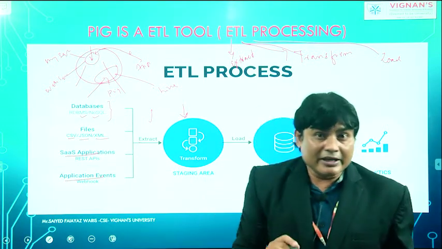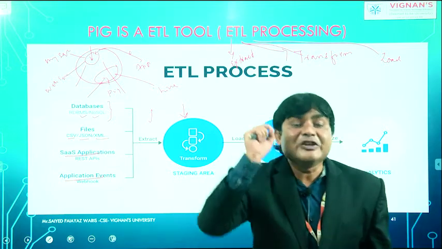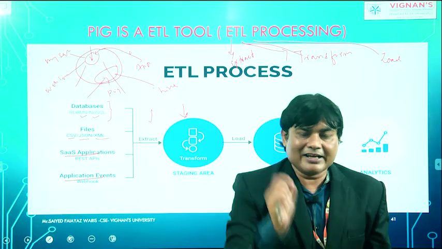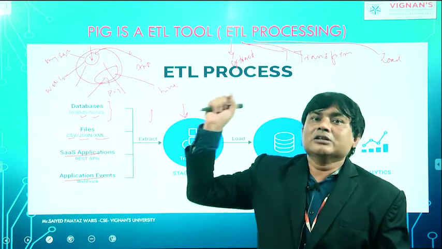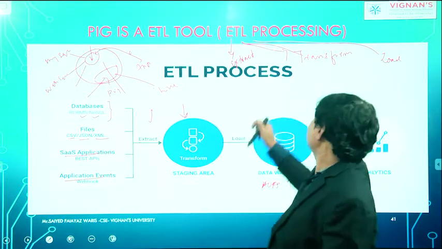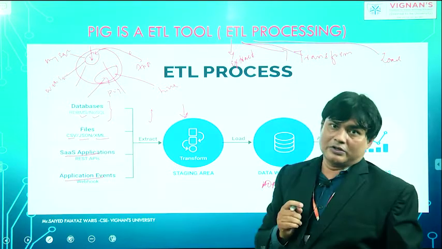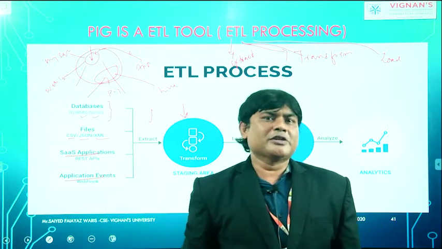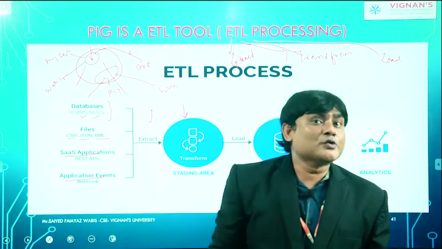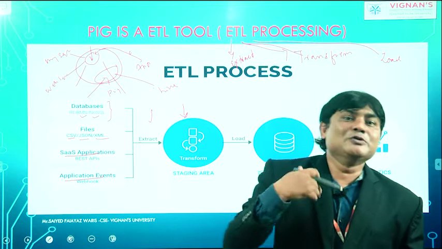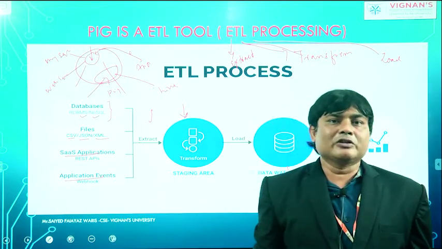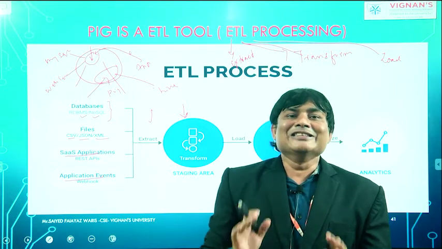So that's why Pig is very famous for the ETL process, which is extract, transform and load. Many people say Pig is very famous for ETL processing and also batch processing. It can be used for ETL processing and batch processing, and simply you can call Pig an ETL tool.